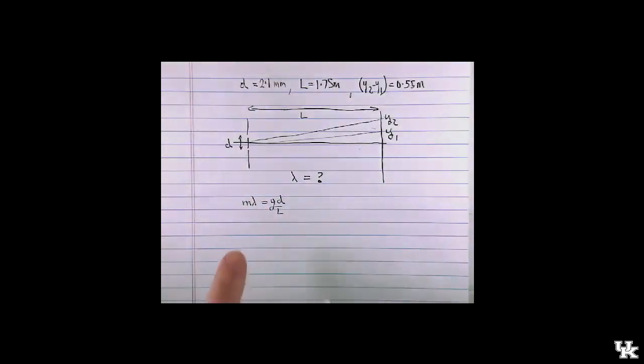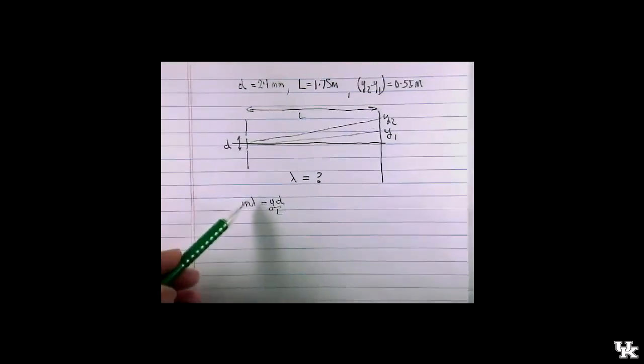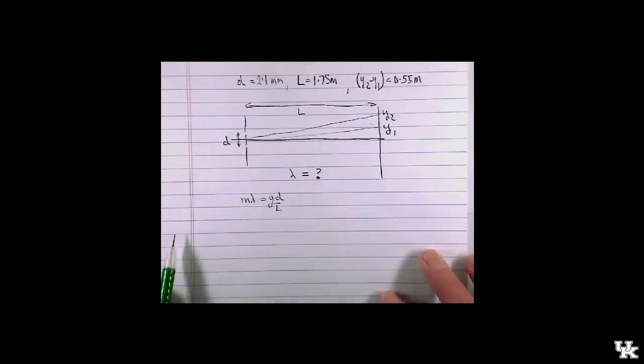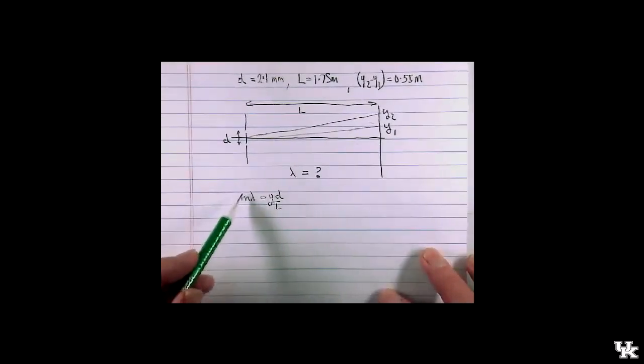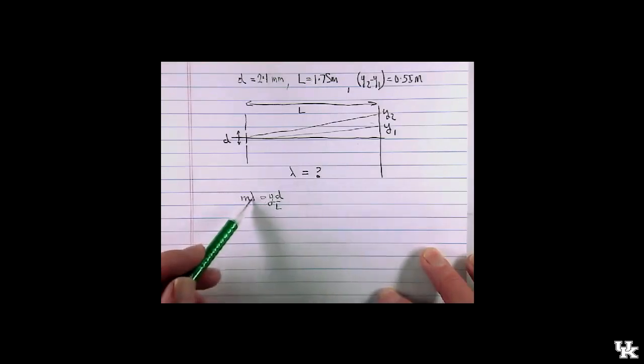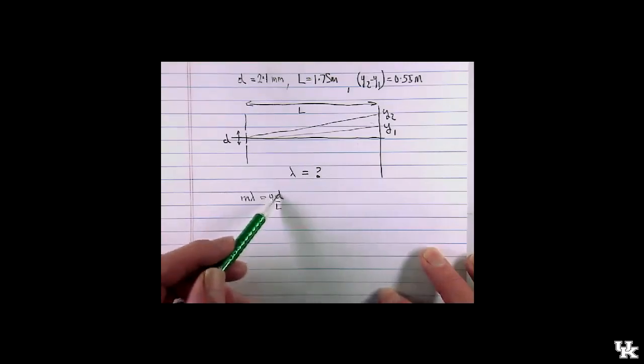So this is the equation that tells you where the bright fringes are located. That's the y, where on the screen they're located, in terms of the wavelength of the light, the slit separation, and the distance to the screen.